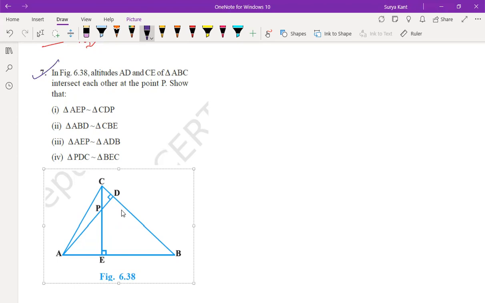So in the given figure, all of you try this, children. Altitudes AD and CE mean these are all 90 degrees over here.